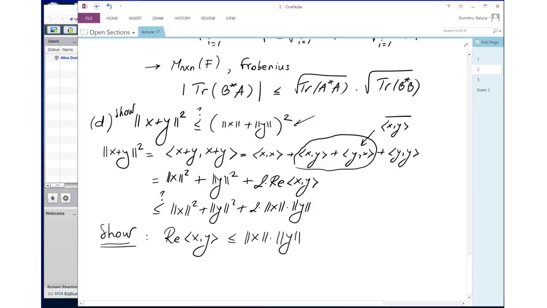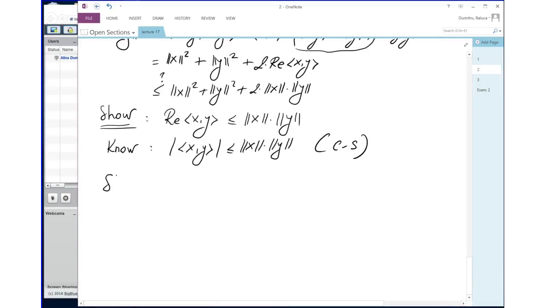Okay, but the product of the norms of x and y is something that came up in Cauchy-Schwarz, which was the previous part. This is what we know from Cauchy-Schwarz.